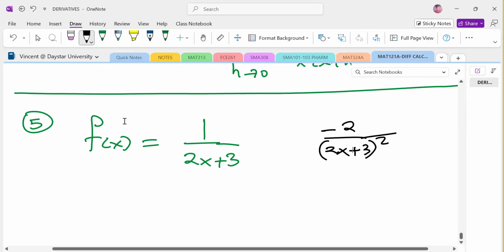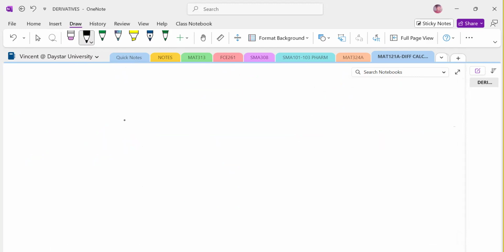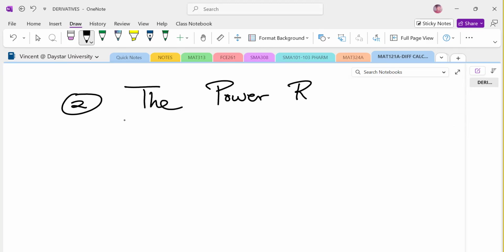Okay, good. So now the second method is what we call the power rule.